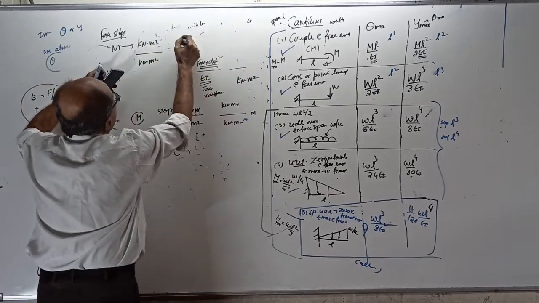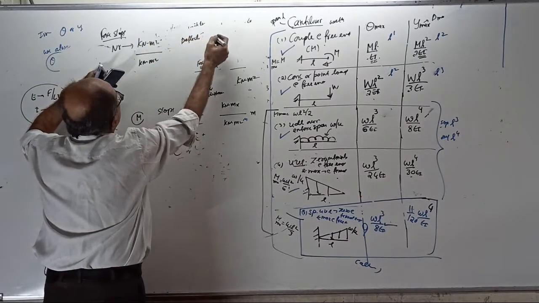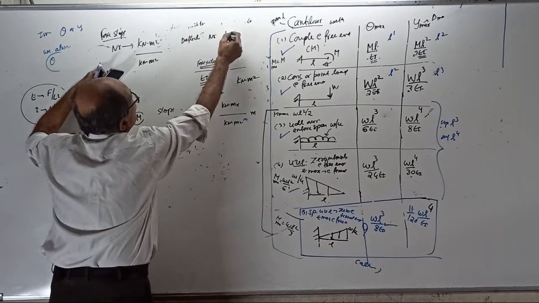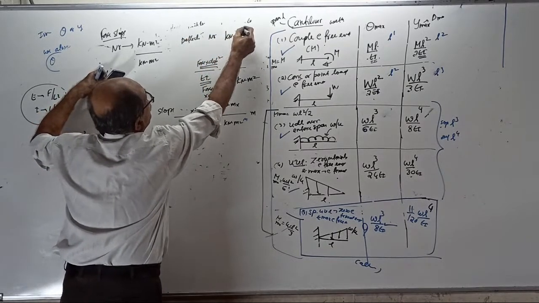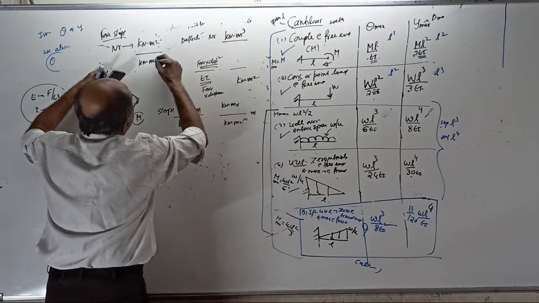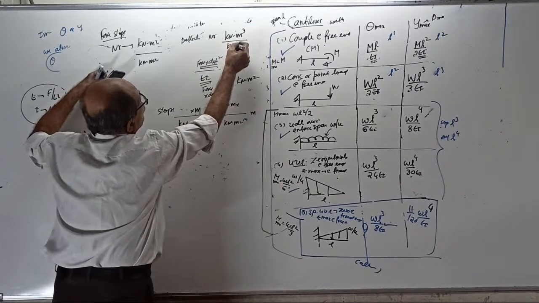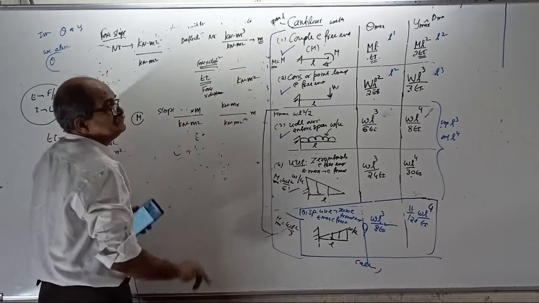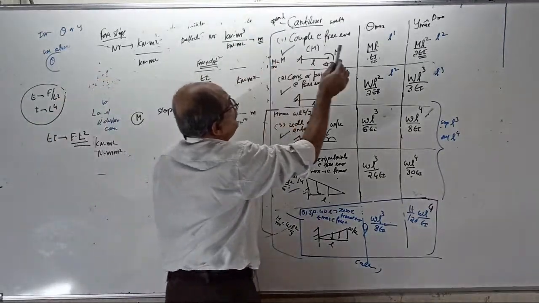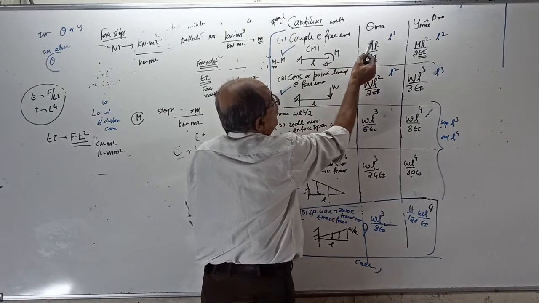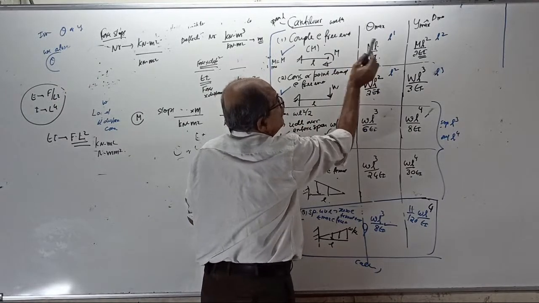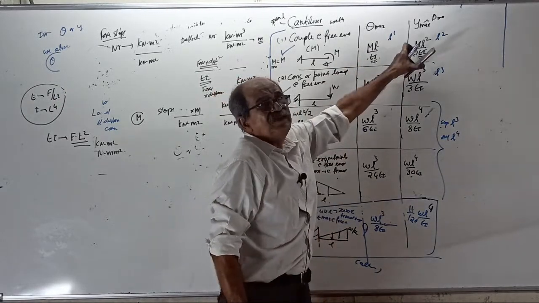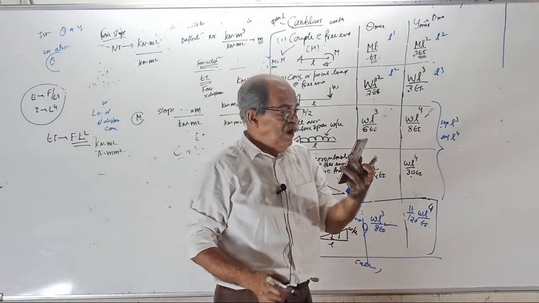And for deflection, the numerator should always be kilonewton meter cube, so that when you divide by EI, kilonewton meter square, you get linear meter or millimeter. For a couple, M is kilonewton meter.